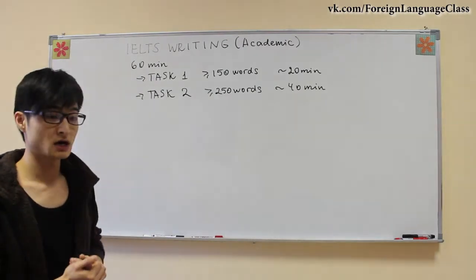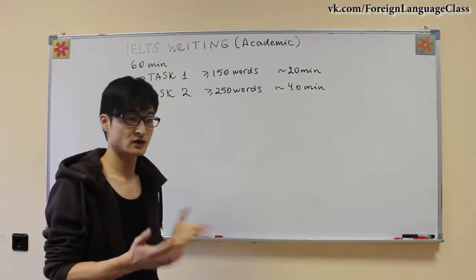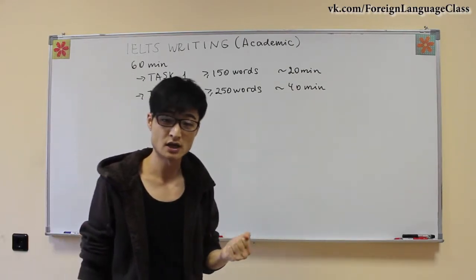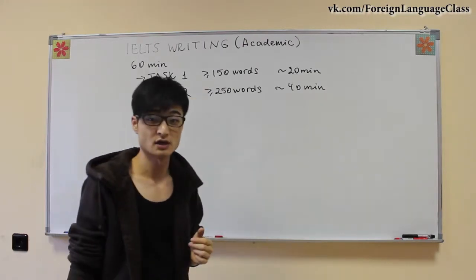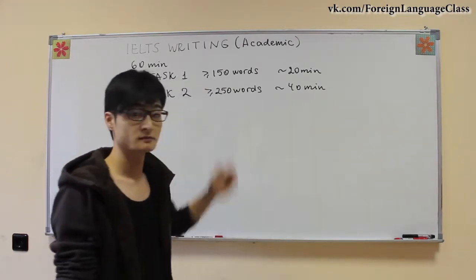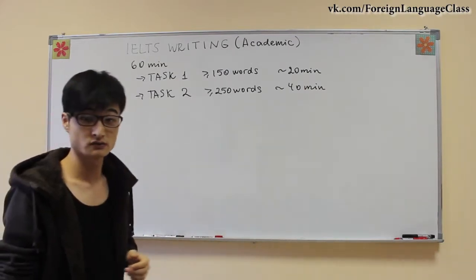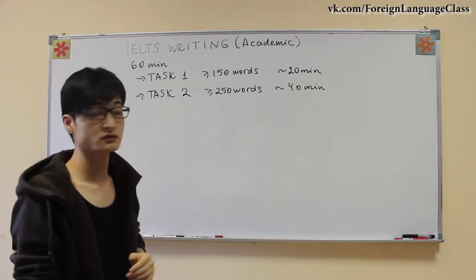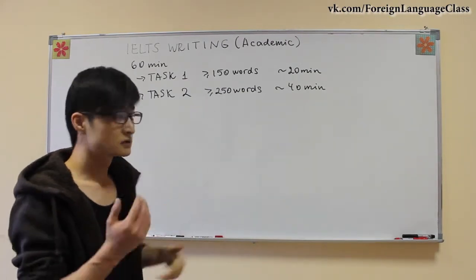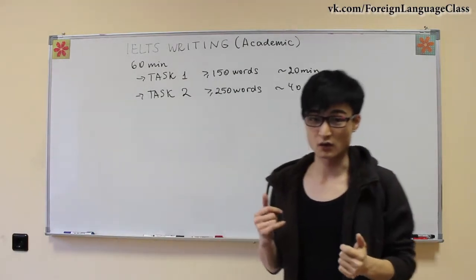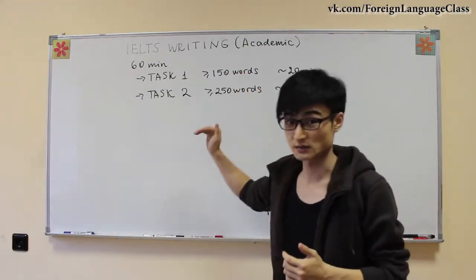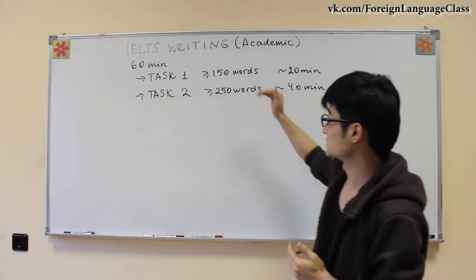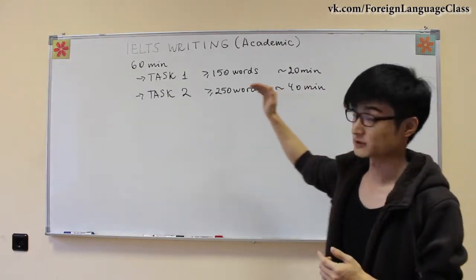In Task 1 of the academic section, you are to describe a chart or a diagram or a table with a minimum of 150 words. It's a minimum. And in Task 2, you are to write an essay with a minimum 250 words. In total, you're given 60 minutes, 1 hour for the writing section for both tasks, and you are recommended to spend approximately 20 minutes for Task 1 and 40 minutes for Task 2.